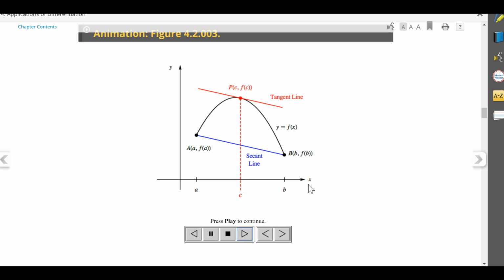So apparently, what we're saying here is that you have your endpoints A and B, and then there must be a value C, in between A and B, where the slope of the tangent line is the same as the slope between A and B.